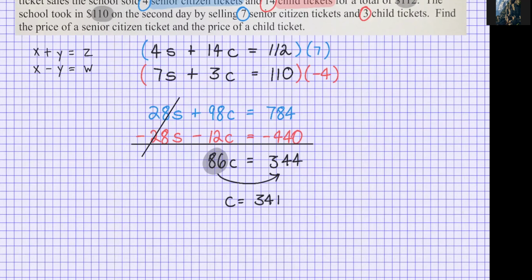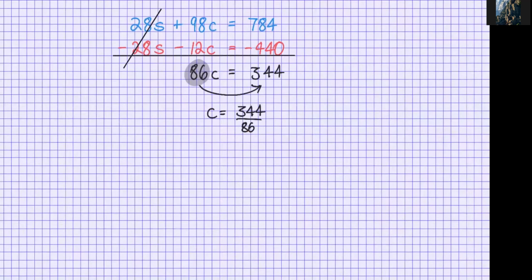So 344 divided by 86. Let's put that in our calculators, and we have that the value of a child ticket will be $4. Here we have our first variable already.